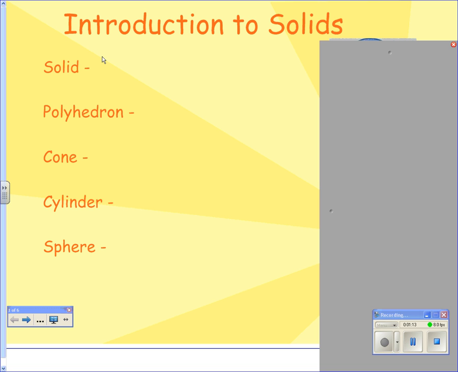Any closed three-dimensional figure formed by four or more polygons that intersect only at their edges.